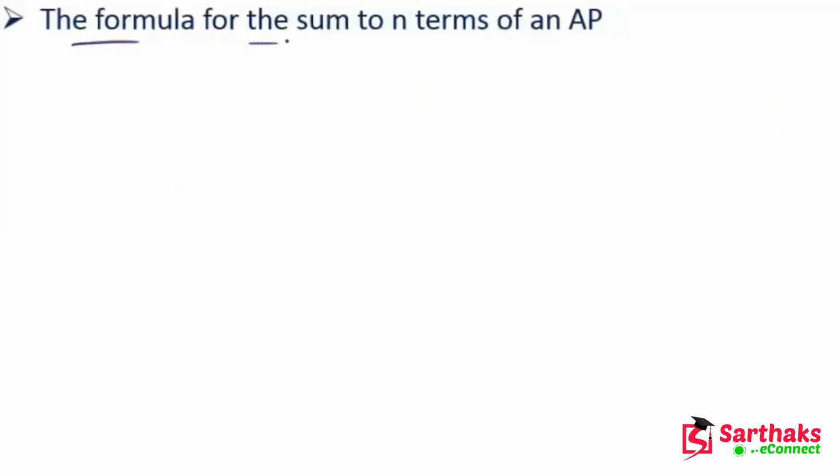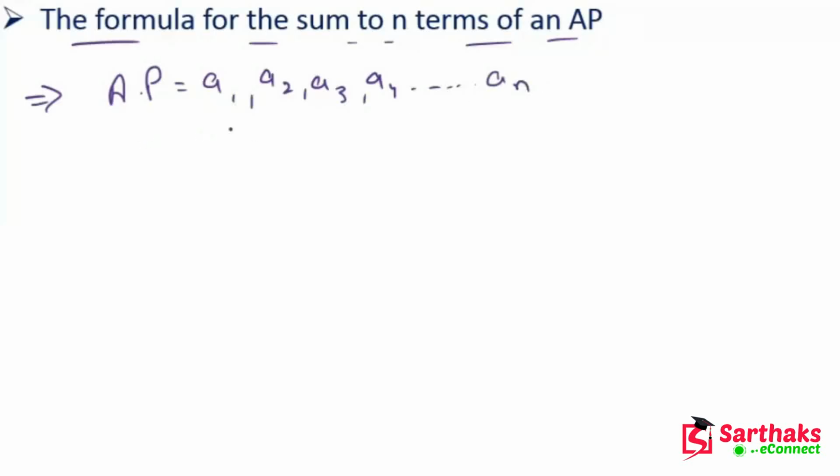We have a formula for the sum of n terms of an AP. Let's suppose we have an AP like this. First of all, we have to write the AP: A1, A2, A3, A4, and so on up to An, which is our last term.